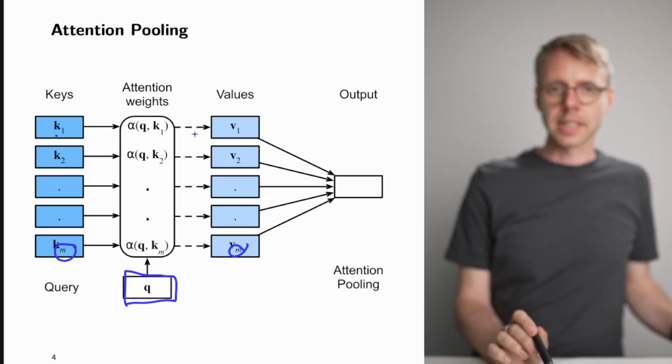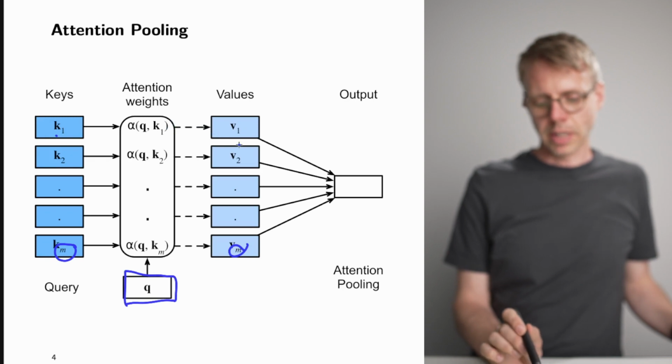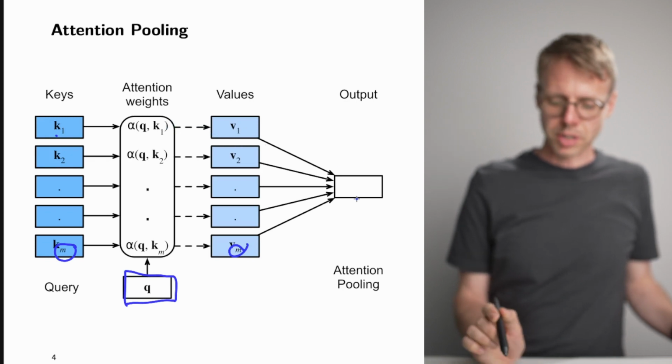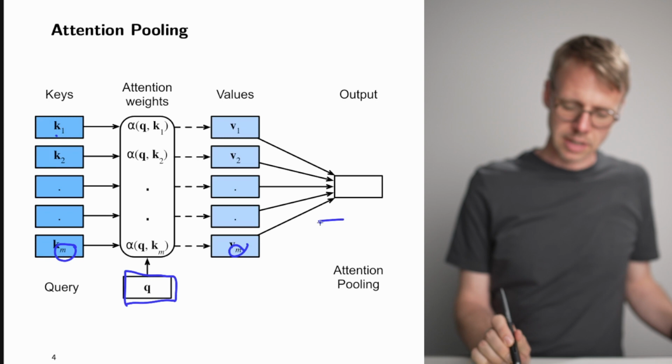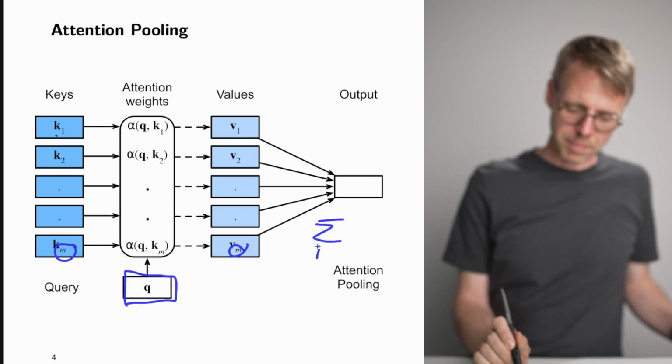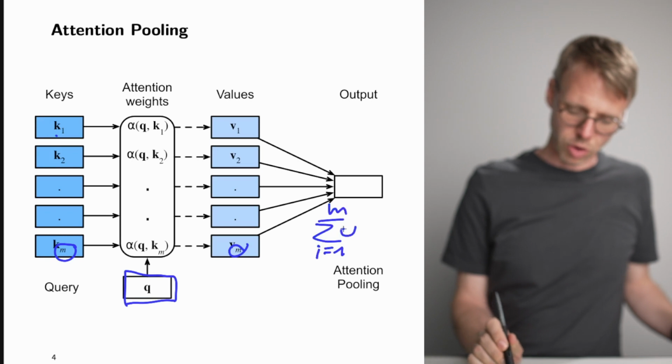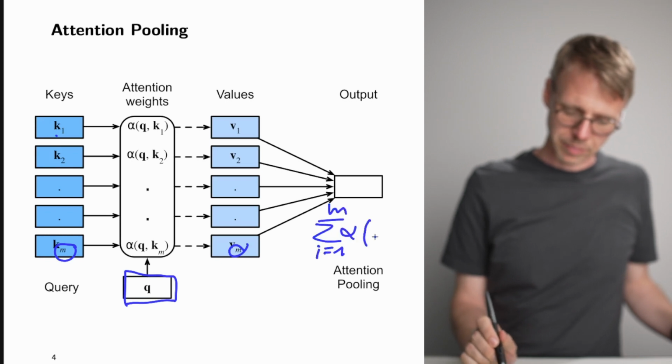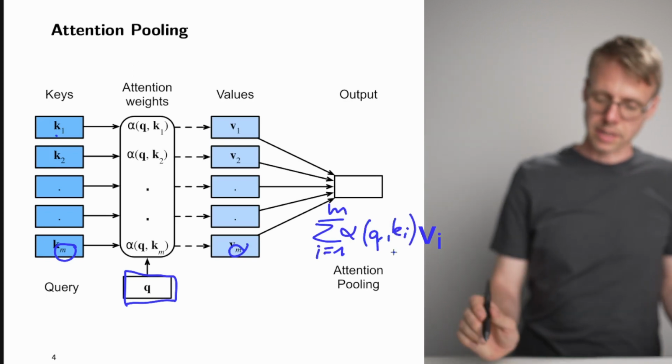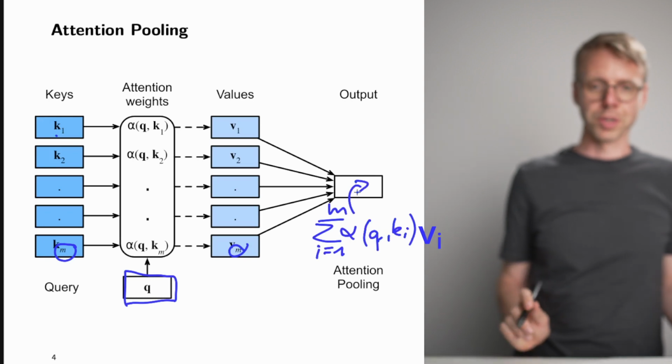And then based on these attention weights, we create an output that is the sum over all of those attention weights as the output.